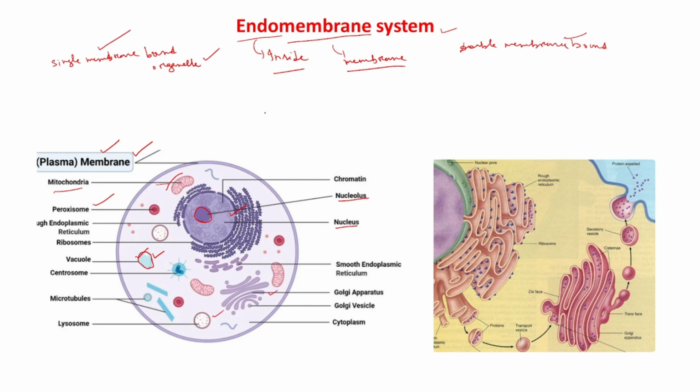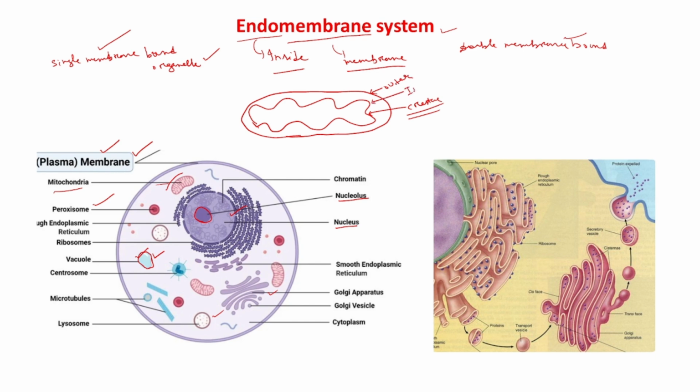For example, the mitochondria looks like this. This is one layer, and inside that layer there is this structure, which is called the cristae. So in the mitochondria two membranes are present: this is the outer membrane and this is the inner membrane.